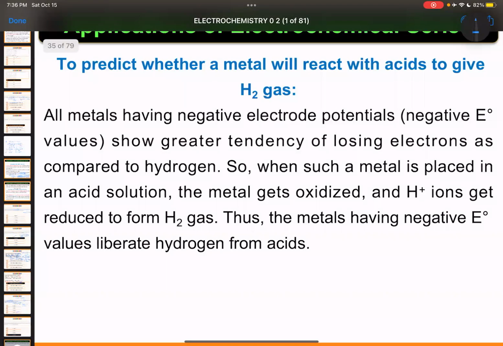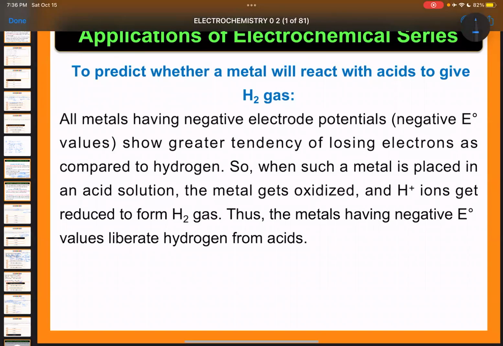What the other application of the electrochemical series is: suppose you put a metal in acid, some metals liberate hydrogen gas. Other metals do not liberate hydrogen gas. How are you going to decide?